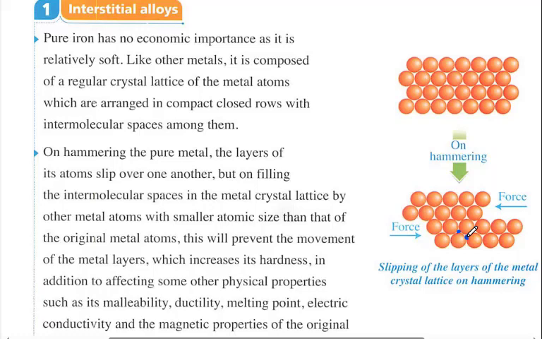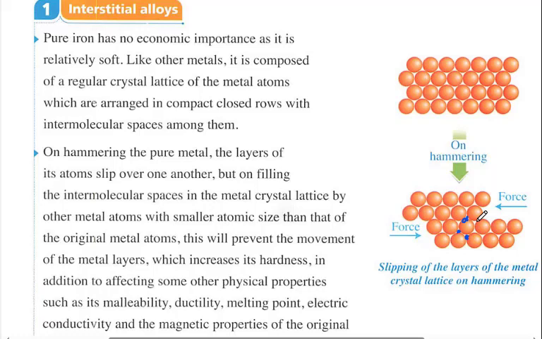iron metal. So in this case, carbon will be in the intermolecular spaces between the atoms, so it prevents these atoms from slipping upon each other and prevents these layers from slipping one over another. So it makes the formed alloy harder than just iron.